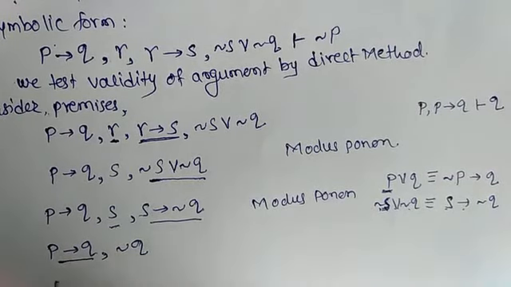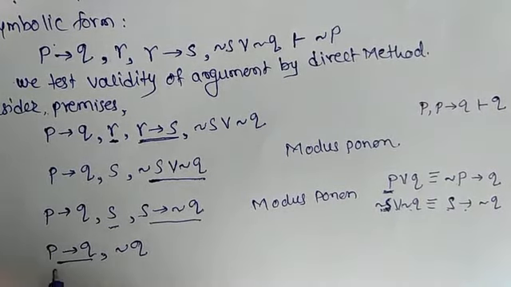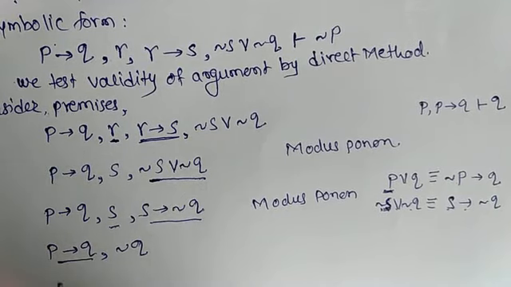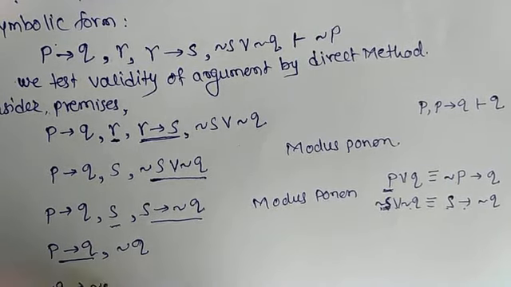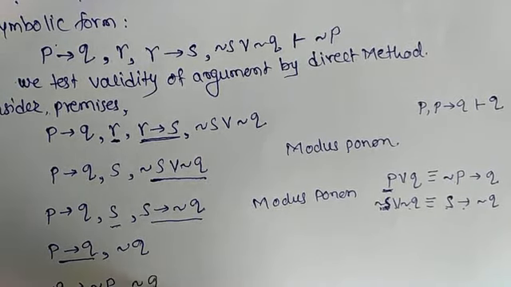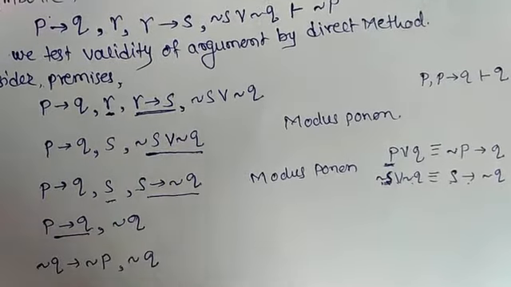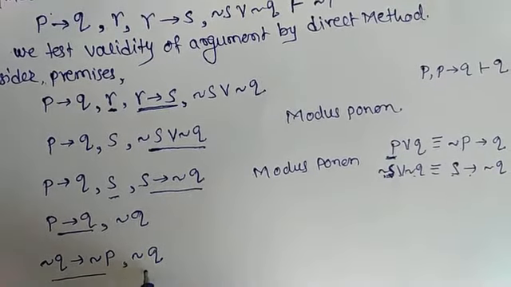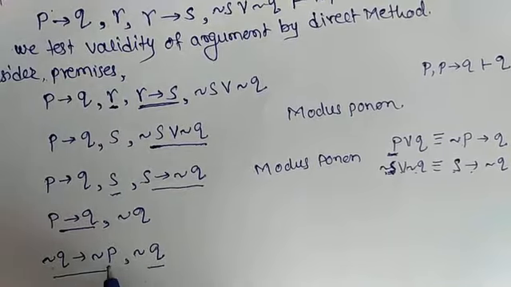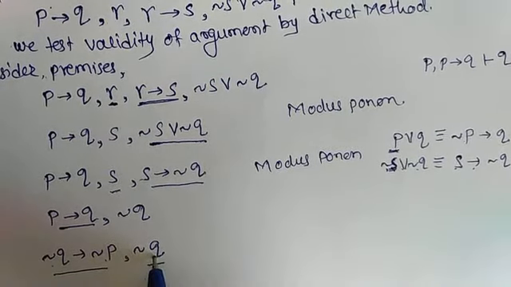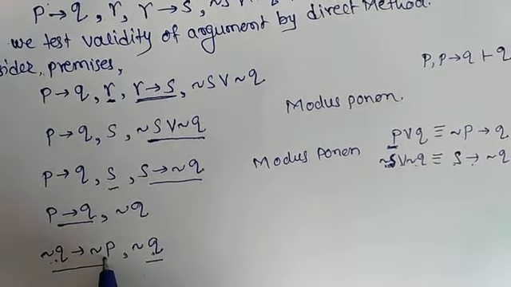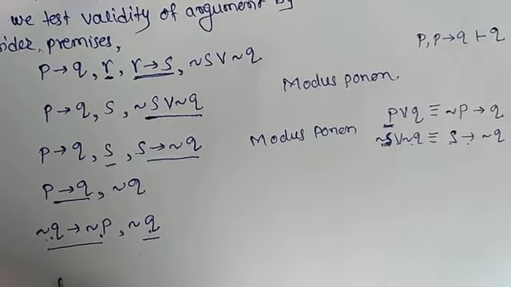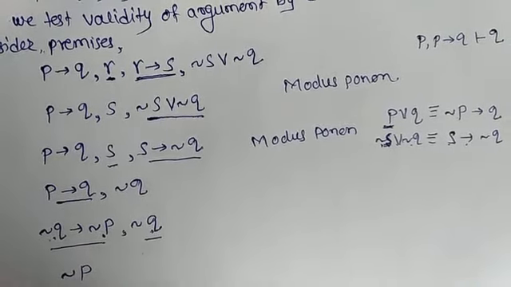So P implies Q will be negation Q implies negation P, comma, negation Q. So from this, negation Q implies negation P, and negation Q is given, so our conclusion will be negation P.